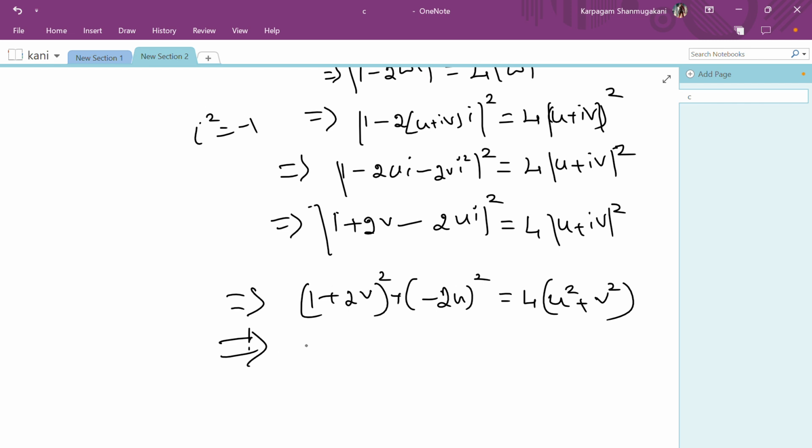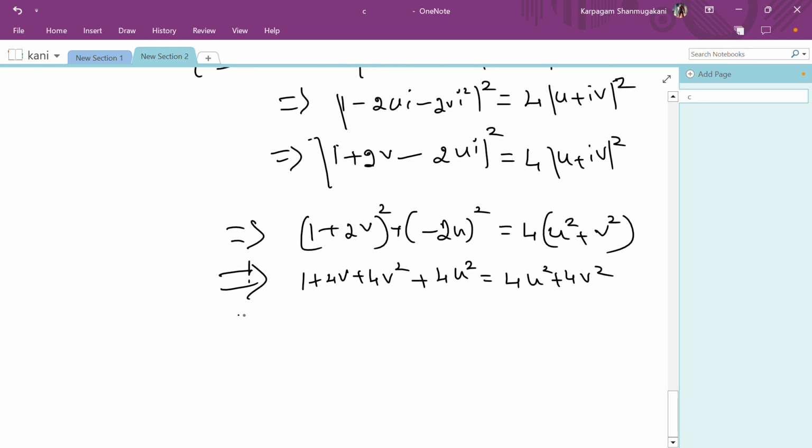Then a plus b the whole square. 1 plus 2v whole square plus minus 2u the whole square equal to 4u square plus 4v square. Bring the RHS into LHS. So 1 plus 4v plus 4v square plus 4u square minus 4u square minus 4v square.